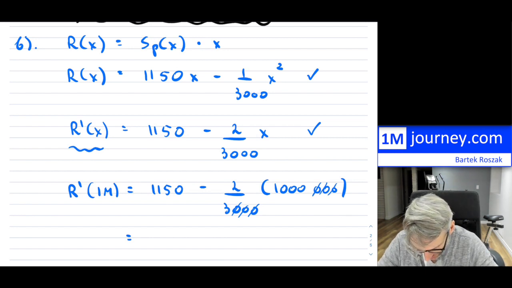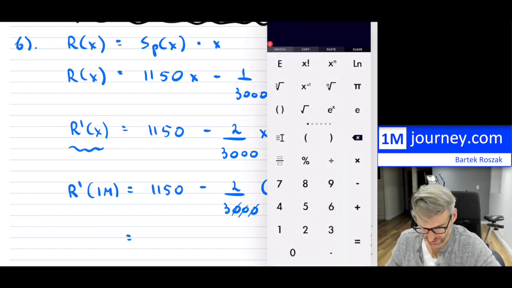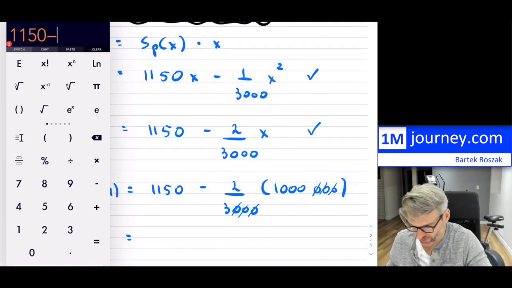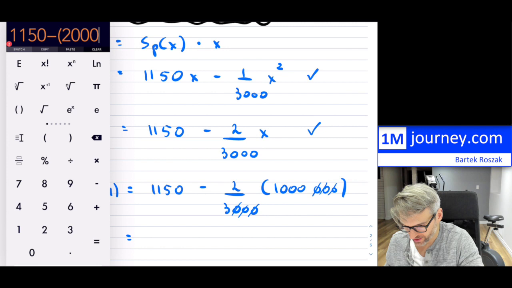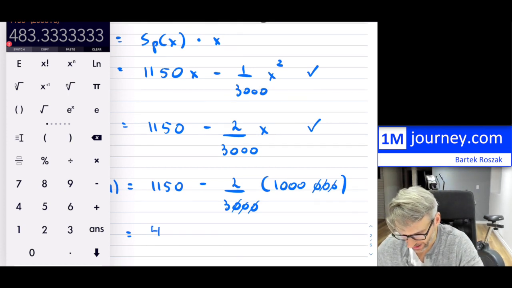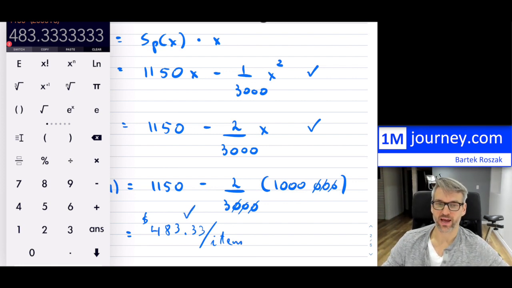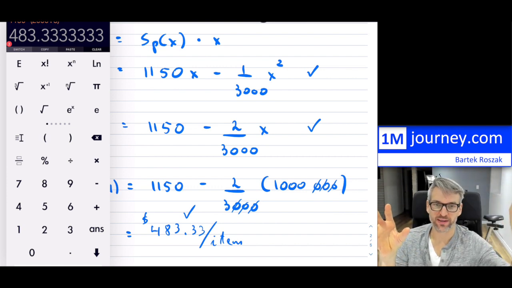So this is going to be 1150 minus 2,000 all over 3. This is what we would have: $483.33 per item change. So my revenue is growing at $483.33 for every item that I have.